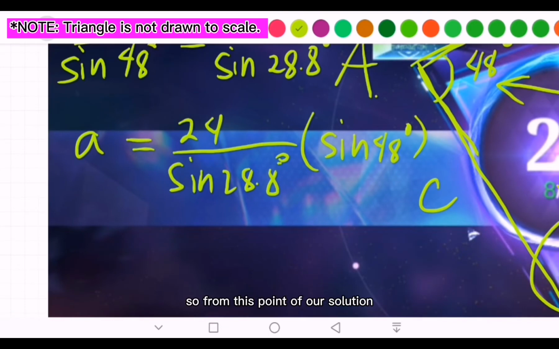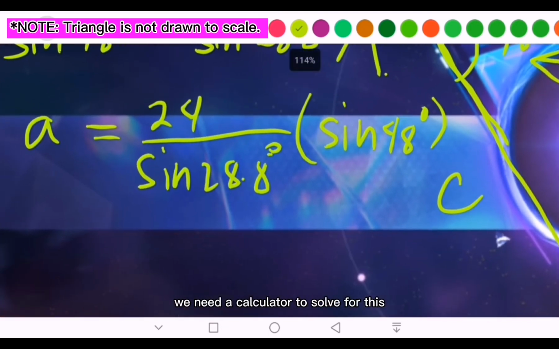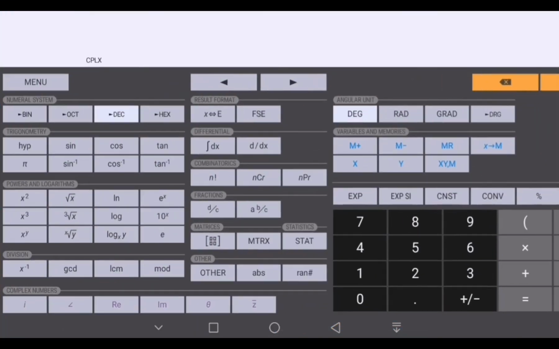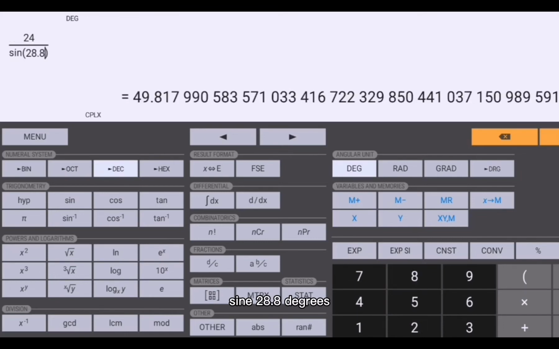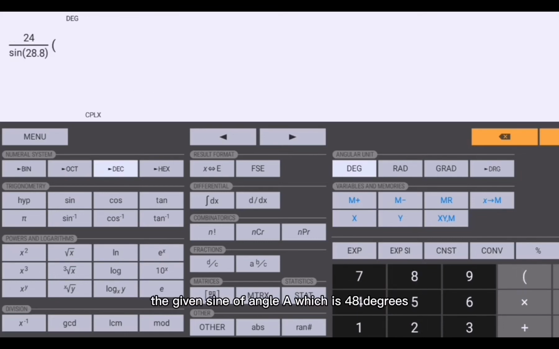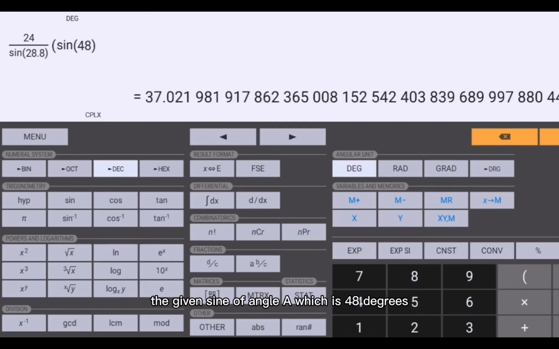From this point of our solution, we need a calculator. So let us show that by the use of a calculator: 24 over sine 28.8 degrees, as a fraction, times the sine of angle A, which is 48 degrees.